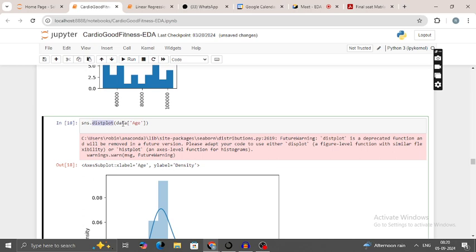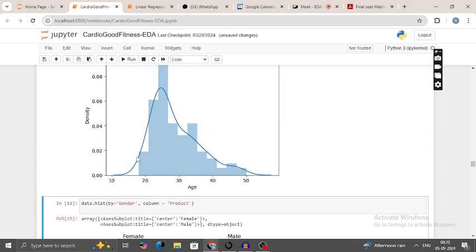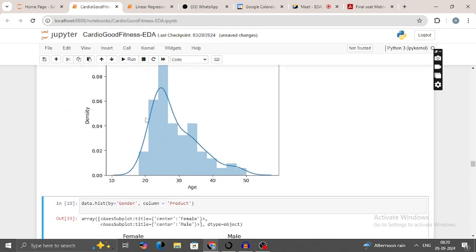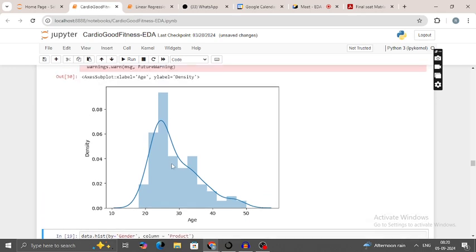For example, the distribution of age. If you plot the distribution of age here, look at this. Along with the bar graph, it shows you the curve of how the distribution is. Most of them are between 20 and 30 years who are using this cardio fitness product for burning calories.